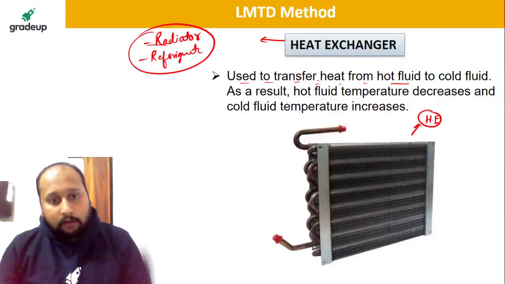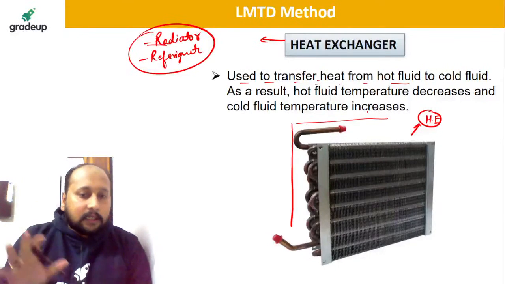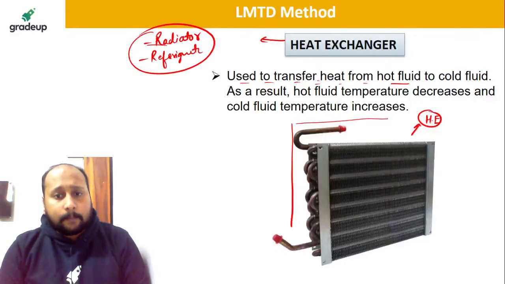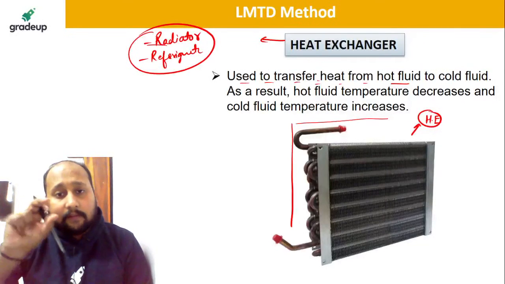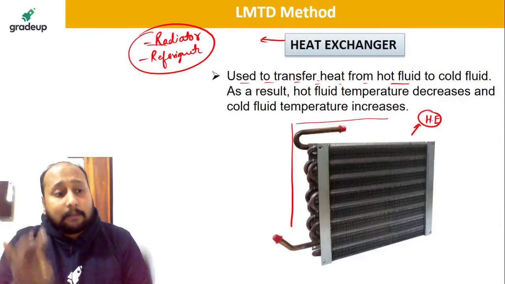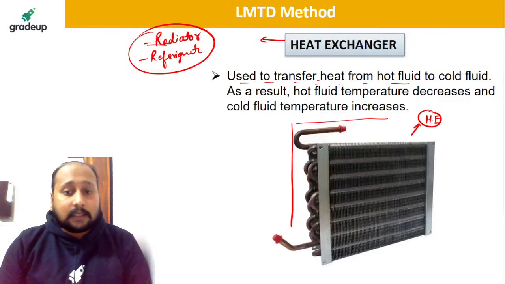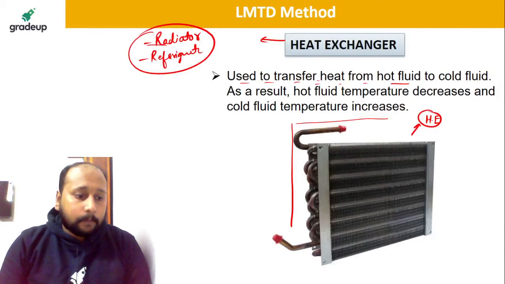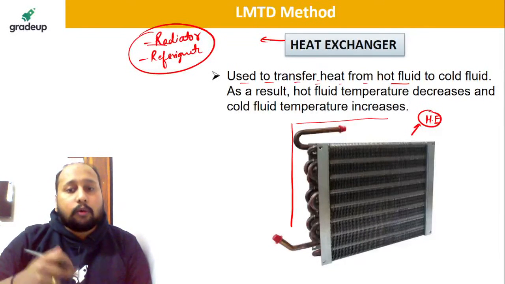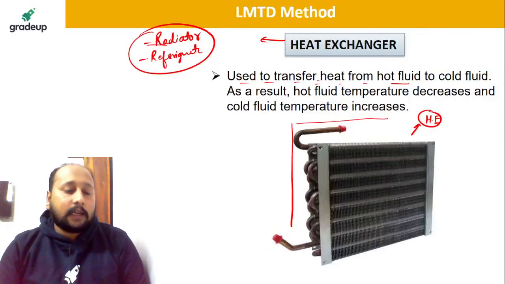On the back side of the fridge, the temperature is very high. If you have ever observed, they have written, please do not touch when it's operational. Why? Because the temperature of that tube will be very high, and there's a chance that you could get a skin burn. So basically this is used in order to exchange heat from hot fluid to cold fluid. This kind of device we call a heat exchanger.